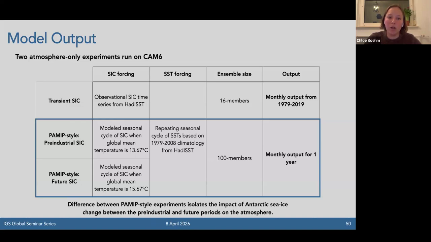Both of these are forced with the same SST forcing, and you have monthly output for one year. What's particularly useful is that if you take the difference between these two simulations, you can isolate the impact of Antarctic sea ice change between the pre-industrial and future periods on the atmosphere. It's a little bit different output than the transient sea ice experiments, and it allows you to look at a slightly different question.